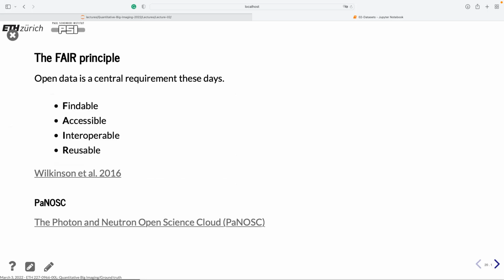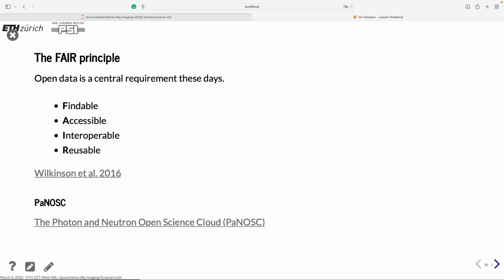Another thing about sharing data, which has been very popular and important in recent years, is the FAIR principle. Nowadays, every funding agency requires you to publish your data openly once you have at least published your own publication. Usually you have some kind of safe time to prepare and show your research, but after that, you should always publish your data.